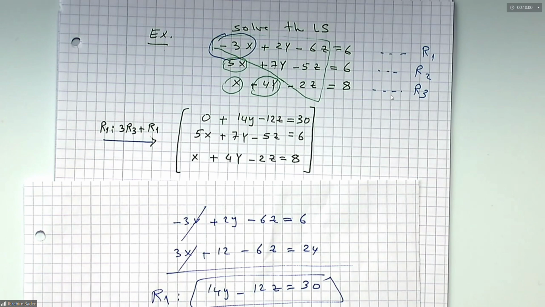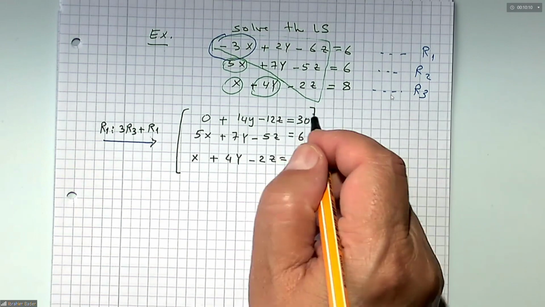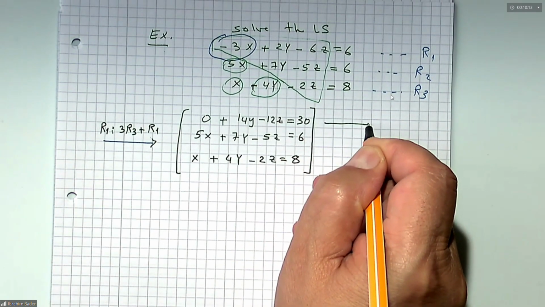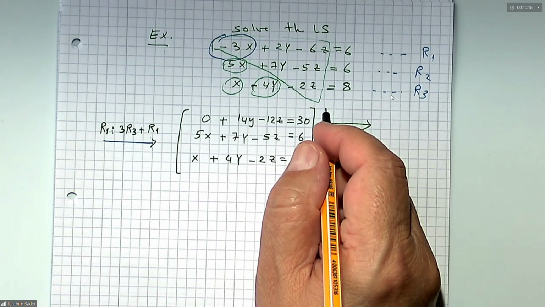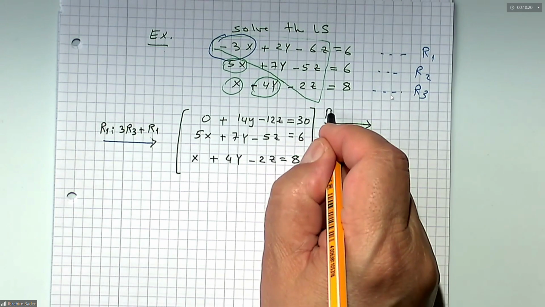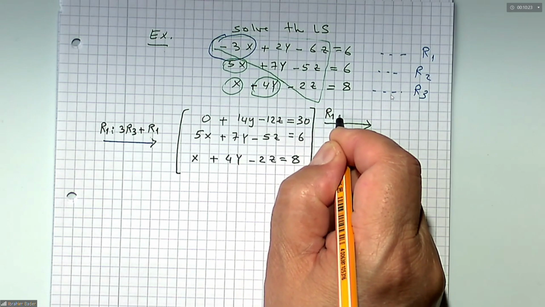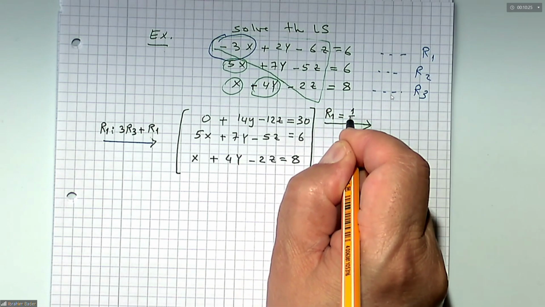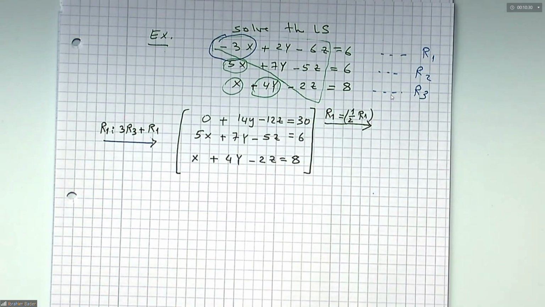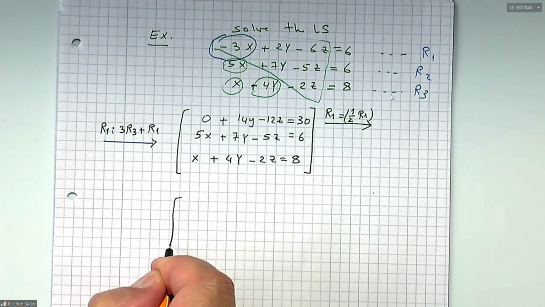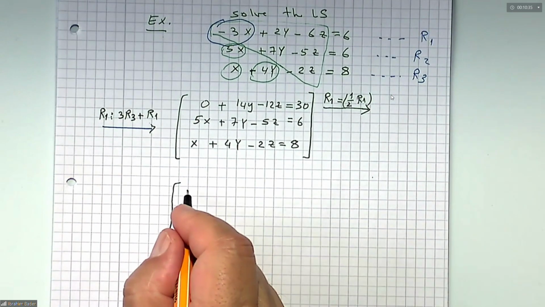Now, the second step, I want to just make sure that I simplify as much as possible. So this step is very simple, I'm just dividing this row by 2. I don't like to work with large numbers, and since you can divide it by 2, it's just 1/2 of R1. No need to write it here on scratch paper.